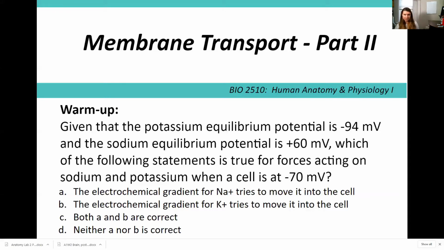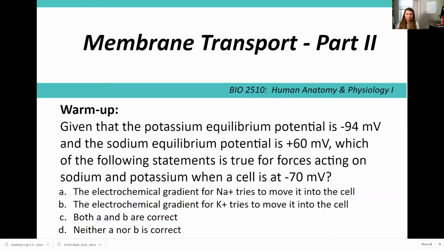Now, once we look at sodium, our sodium equilibrium potential is positive 60. We're trying to get to positive 60 from negative 70. And sodium is also a cation, so it's also positively charged. In order to get to positive 60, we're going to have to dump a lot more positive charges into that cell, right?